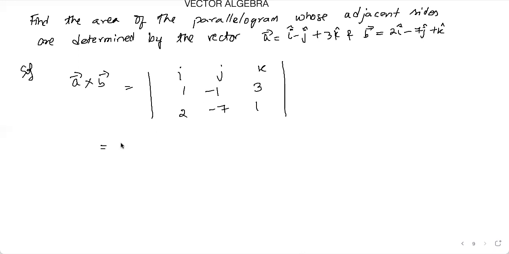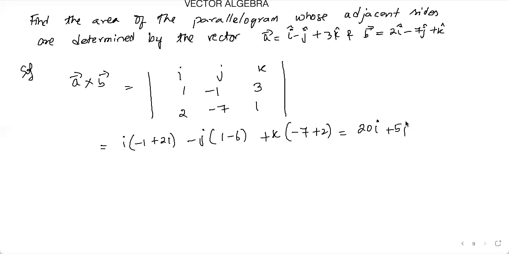So this would be i multiplied into minus 1 plus 21, and minus j, this would be 1 minus 6, k will be minus 7 plus 2. Further simplifying, you get 20i plus 5j and minus 5k.